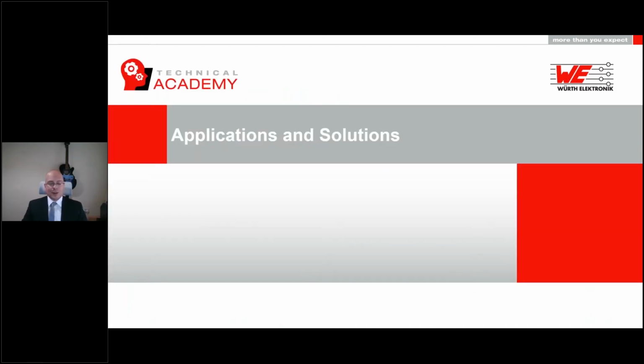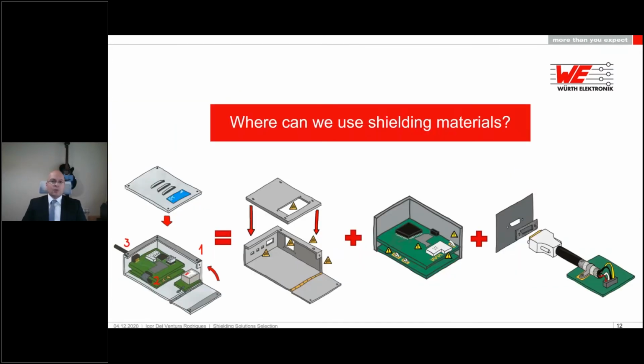All right, so let's dive a little bit now into the applications and solutions. Where can we utilize shielding materials? This is the classical example of a random device, where on the leftmost of your screen you have a little box, which is the enclosure or the housing, however you want to call it.